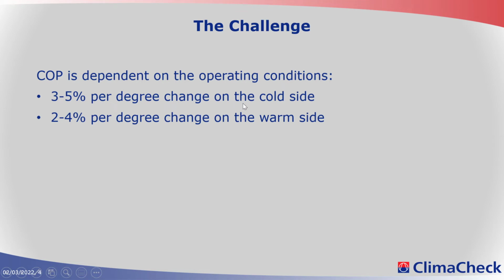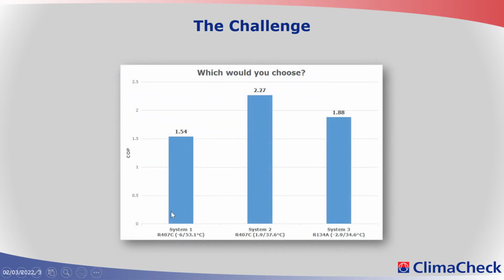If we change 1 degree on the cold side, the COP would change 3 to 5%, and if we change 1 degree on the warm side, COP would change 2 to 4%. Going back to these three systems, if we were to increase the cold side about 8 degrees, then we would have quite a big change on the COP.